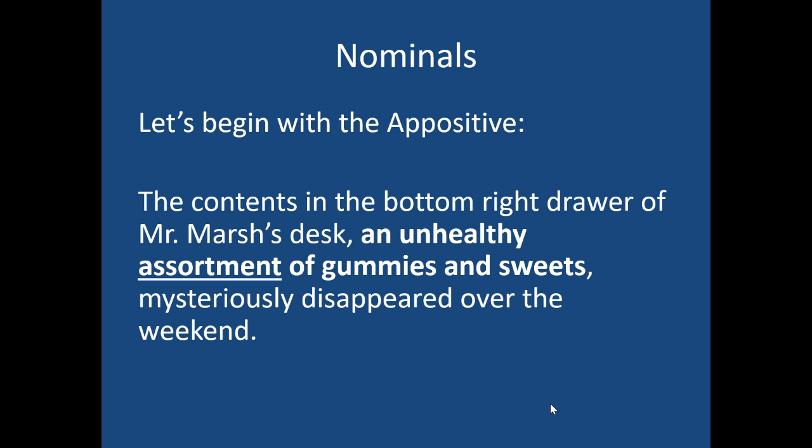That's what's happening here: the word assortment is a little farther away than the noun it's actually renaming. It's not renaming unhealthy. It's not renaming desk. It's renaming contents. The contents, or in this case, the assortment of gummies and sweets, mysteriously disappeared over the weekend. So you can see that the word assortment is renaming the word contents. And so we call this an appositive.